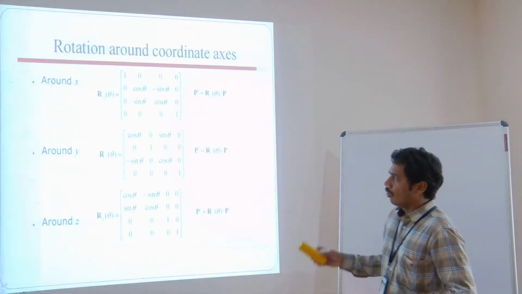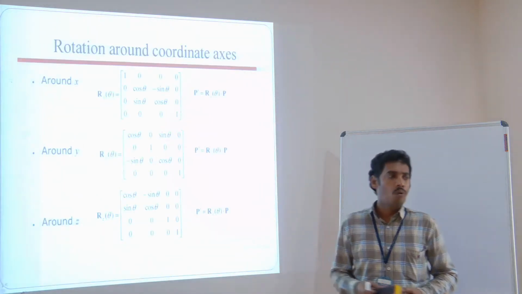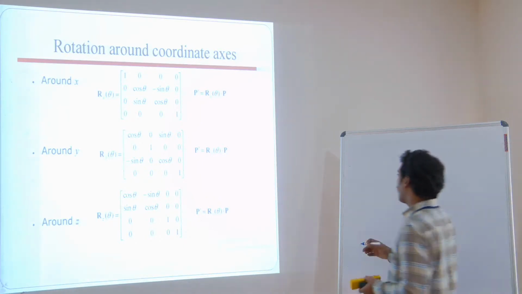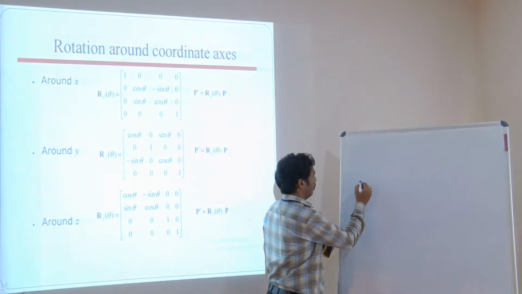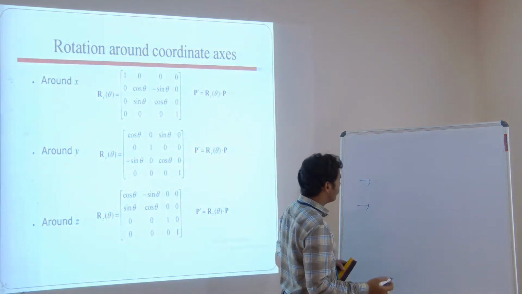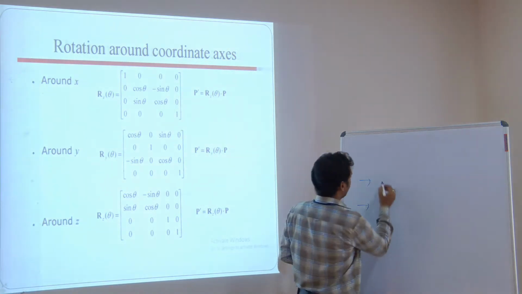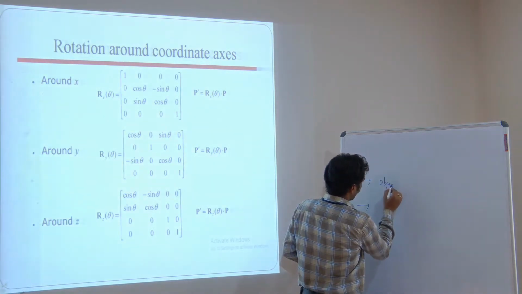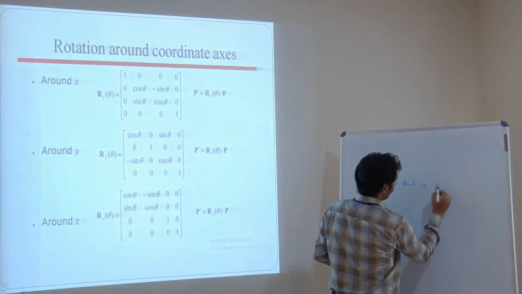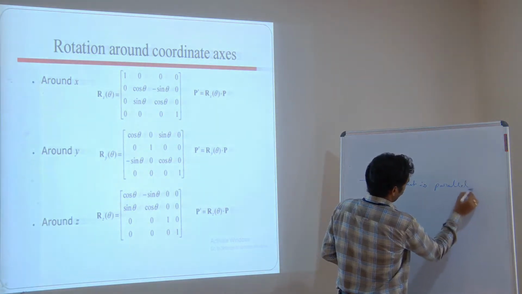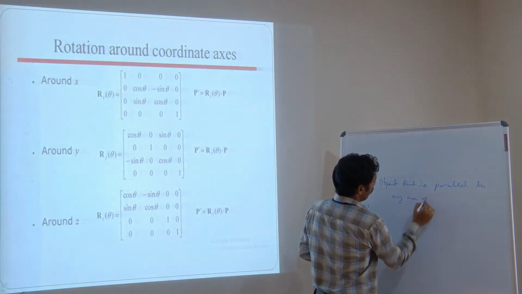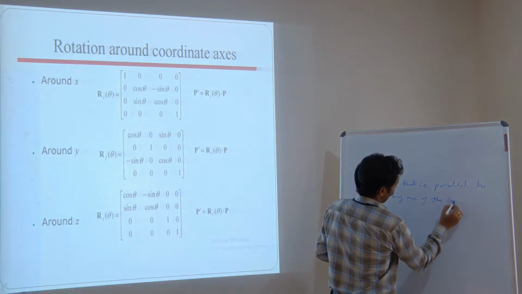Now, before going on to how to rotate an object with respect to an axis, we have two types of methods to rotate an object here. The first one: we consider an object that is parallel to any one of the coordinate axes.